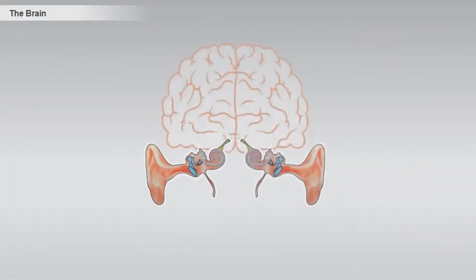The hearing nerve leaves the cochlea and the temporal bone through a small duct and reaches the brainstem. On its way through the brainstem and later on the middle brain, the hearing nerve passes a number of relay stations called neurons. After the first relay station, a major portion of the nerve fibers cross over to the opposite side of the brainstem.